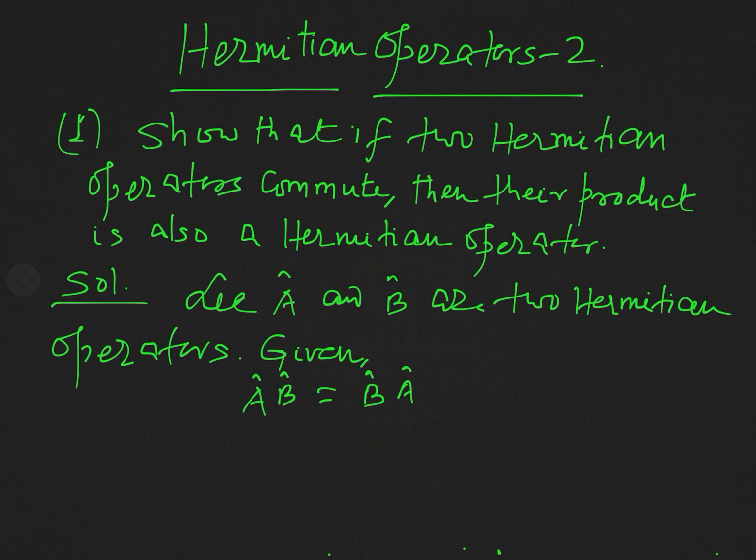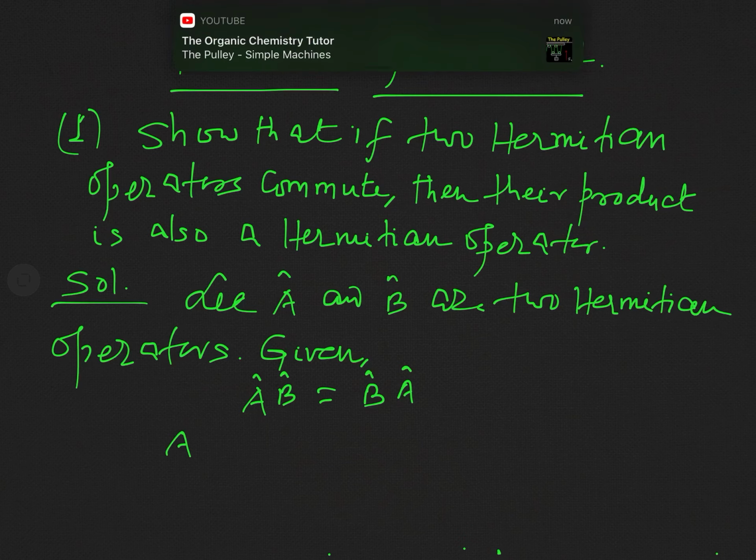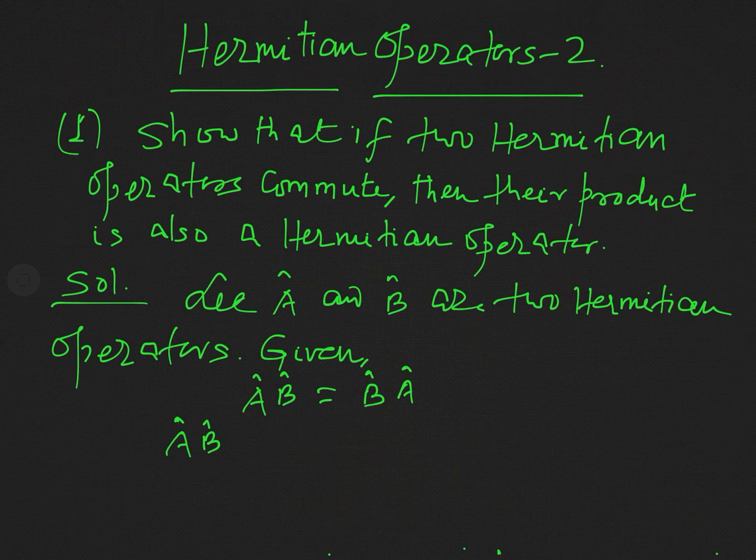In this condition, we have to show that the product of A hat times B hat is a Hermitian operator. This is what we have to prove. So let us see how I can prove this very important fact.